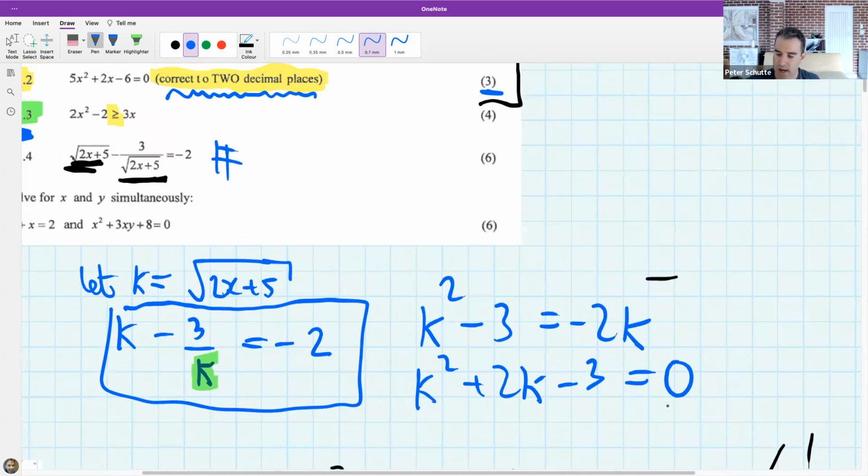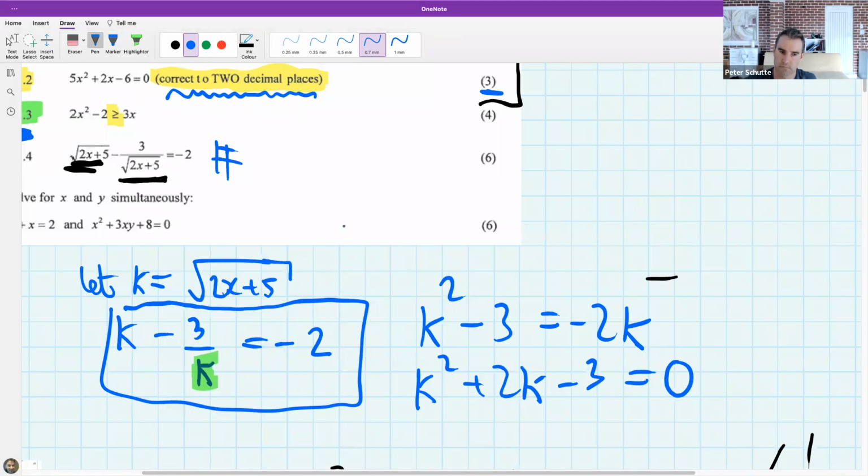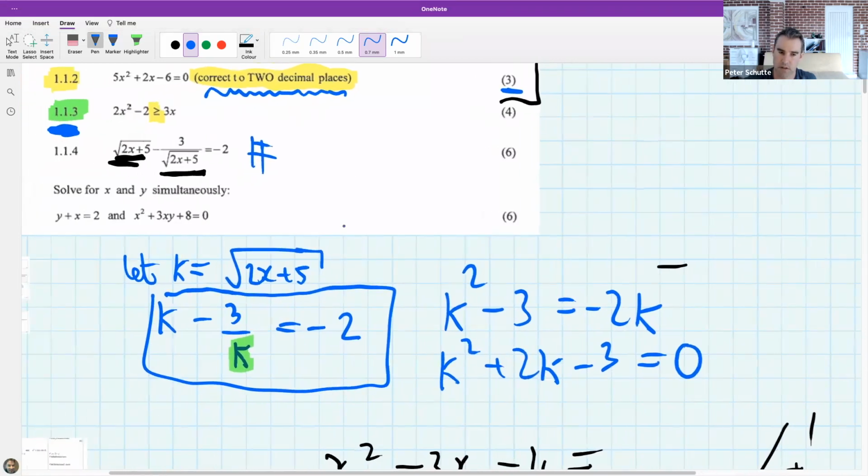Now, I want everyone to find me the value of k that solves this equation. I feel like I'm running out of space here.